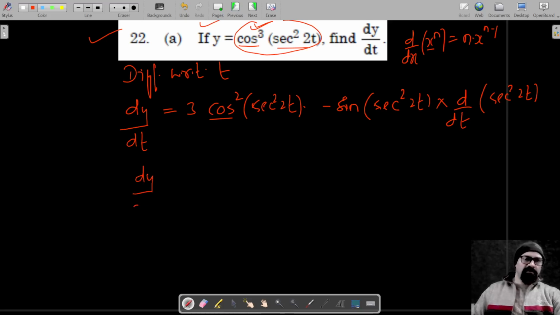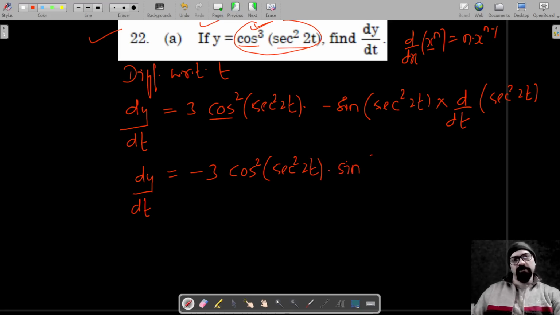We can write this as dy by dt, and negative, let's take it in the front. So this is 3 cos square secant square 2t into sine of secant square 2t. Now we have to differentiate secant square 2t with respect to t. So differentiation of secant square.